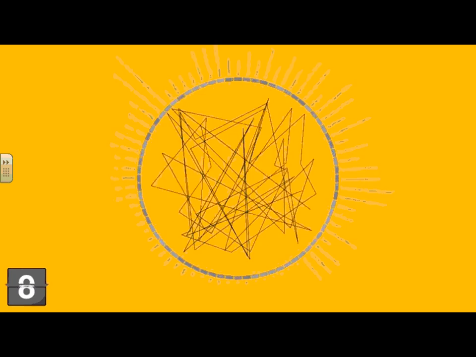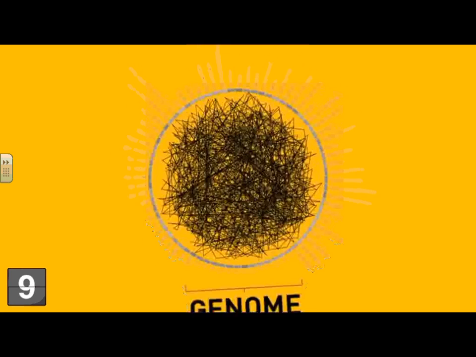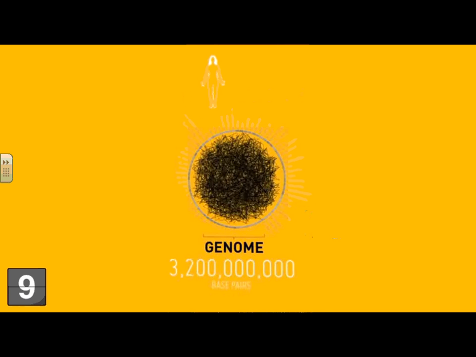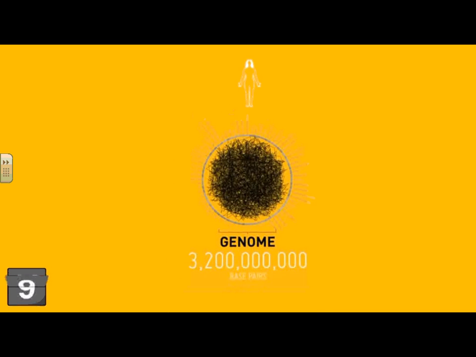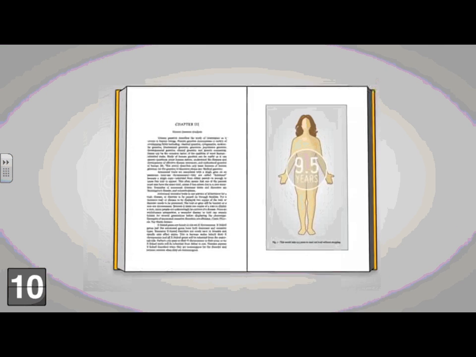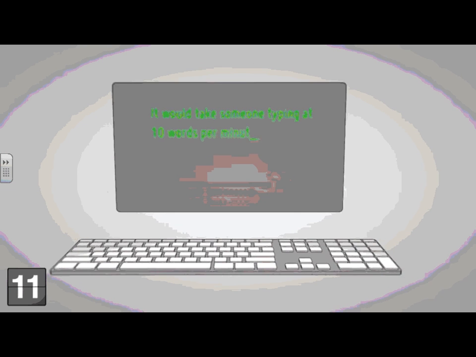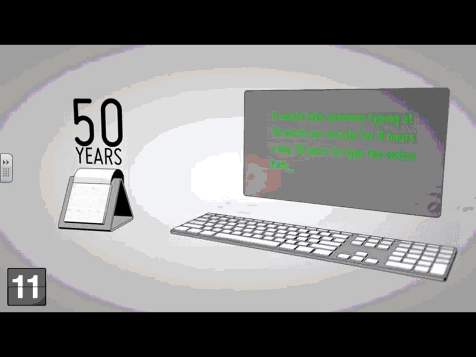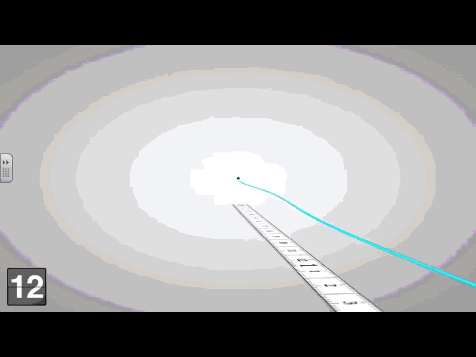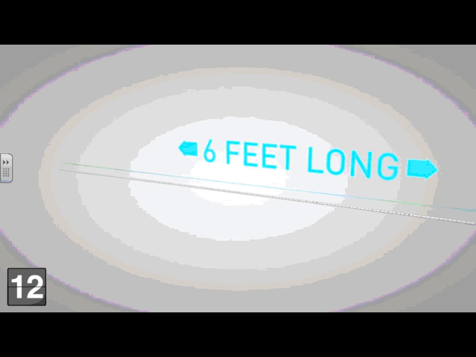The entire DNA sequence is called a genome, and in humans it's 3.2 billion base pairs. This would take 9.5 years to read out loud without stopping. It would take someone typing at 10 words per minute for 8 hours a day, 50 years to type the entire human genome. If you unwrap your DNA from one cell, it would extend more than 6 feet long.